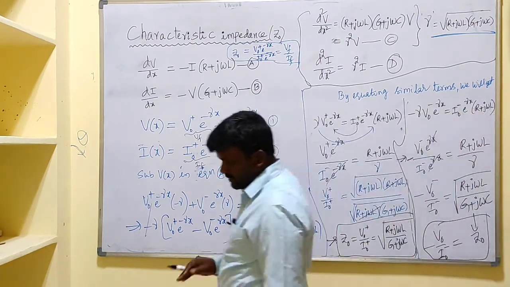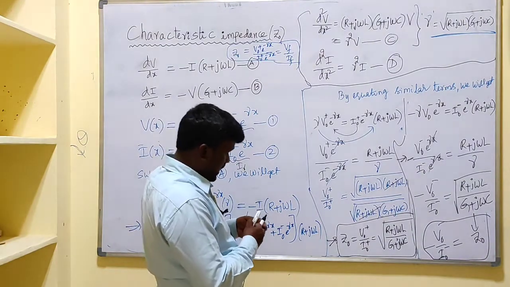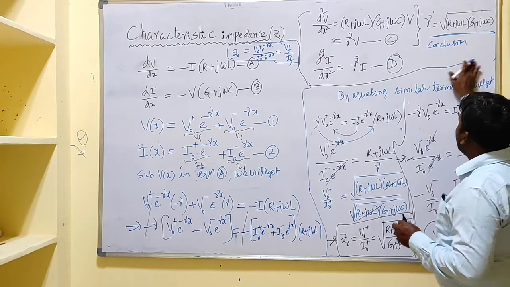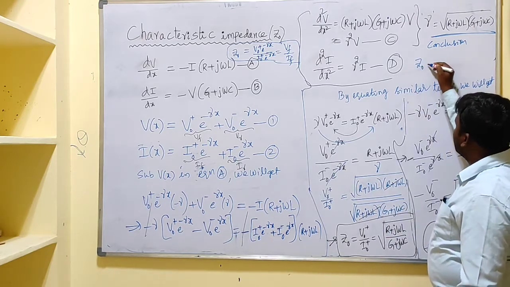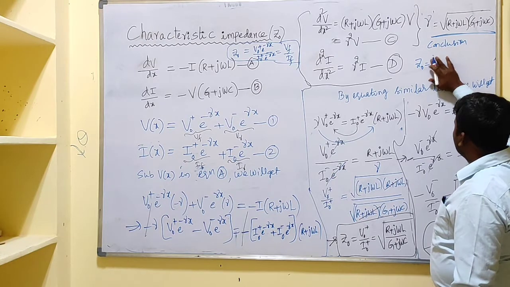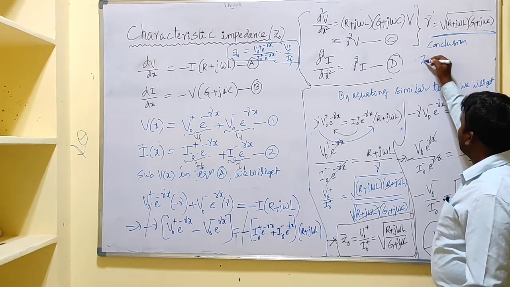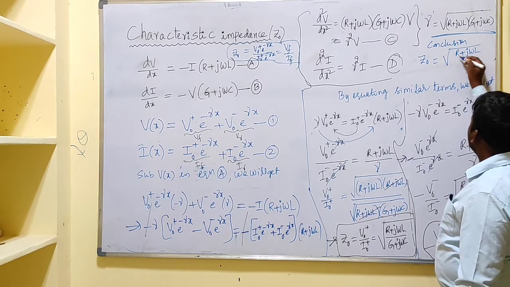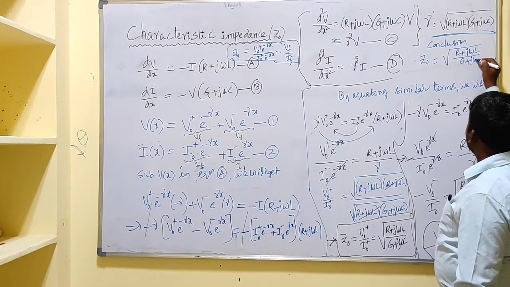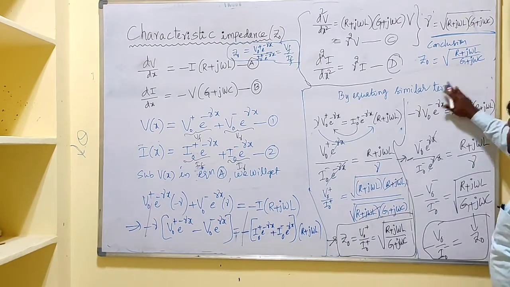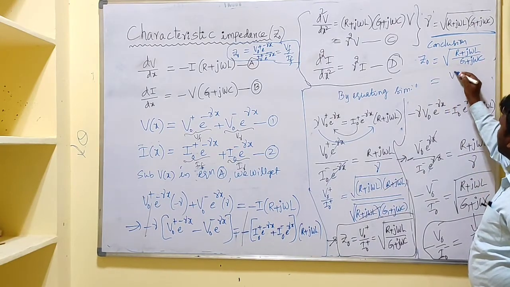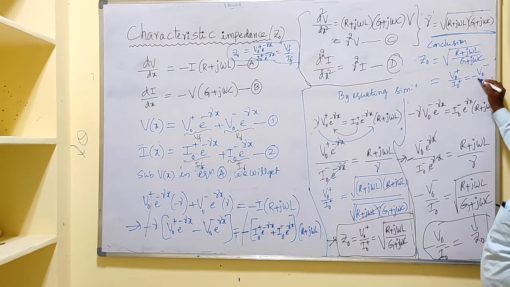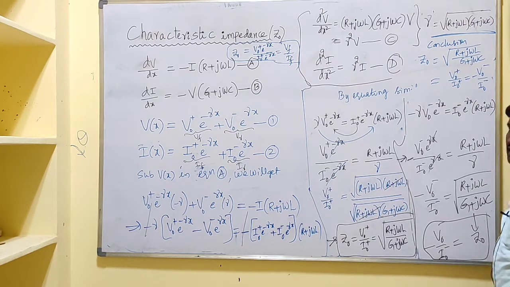Finally, we can conclude that, I will write that conclusion here. Conclusion: we derived Z naught as under root r plus j omega L by g plus j omega c, which is equivalent to V naught plus by I naught plus, or else minus of V naught minus by I naught minus.